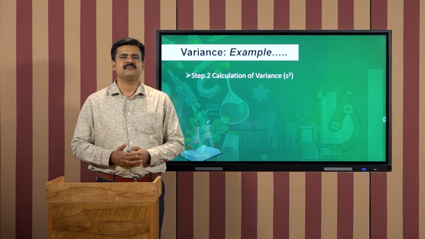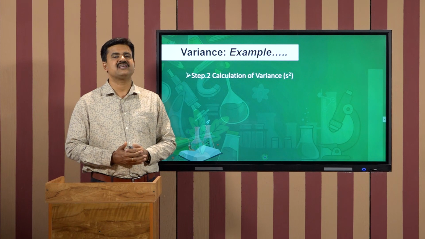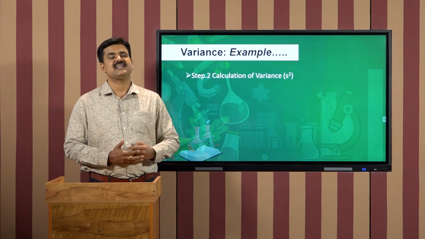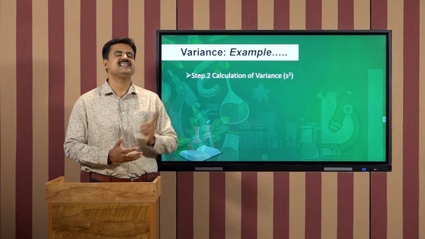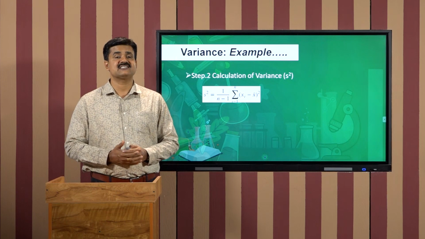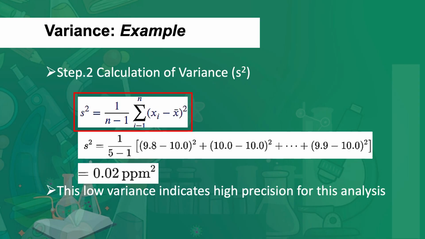In the second step, we can calculate the variance. See, the variance shown here is a square. So, it is the square of sample standard deviation. So, this variance calculated is called sample variance. The sample variance can be calculated by using the expression 1 by n minus 1 into sigma xi minus x bar square.